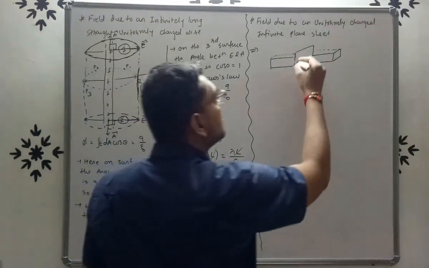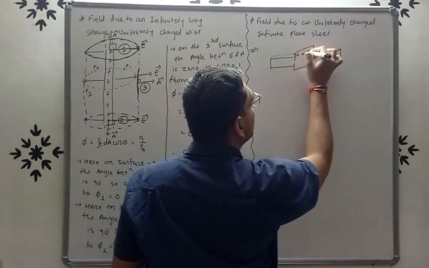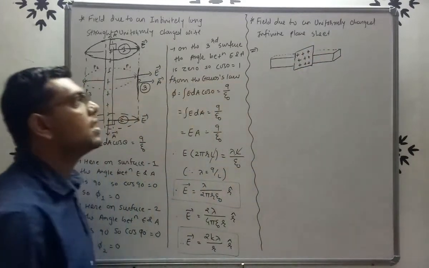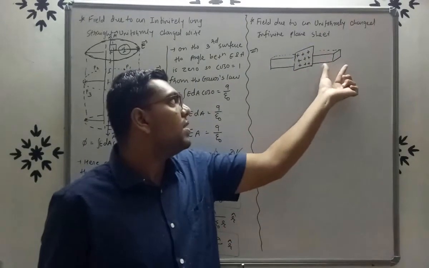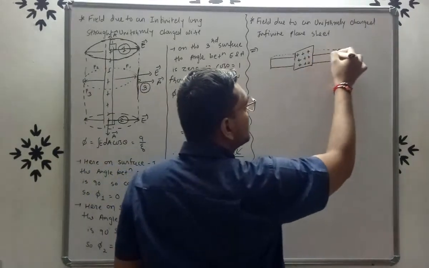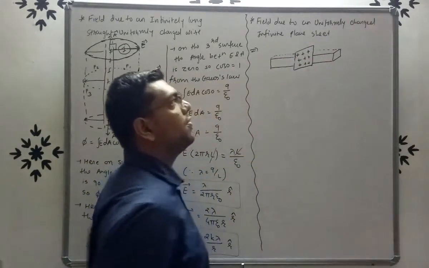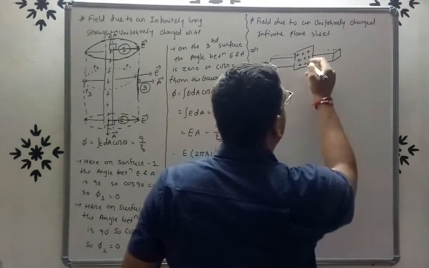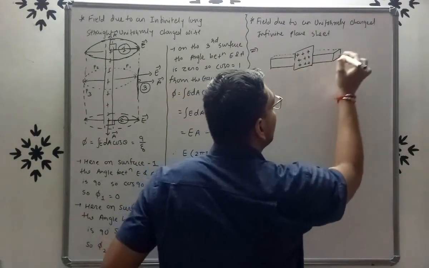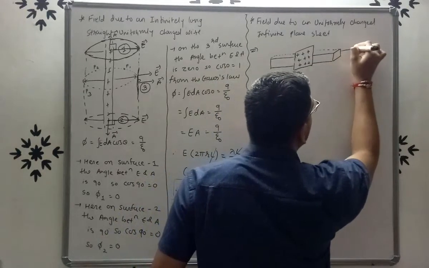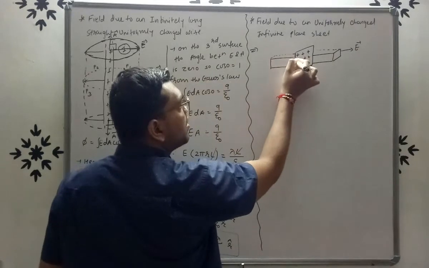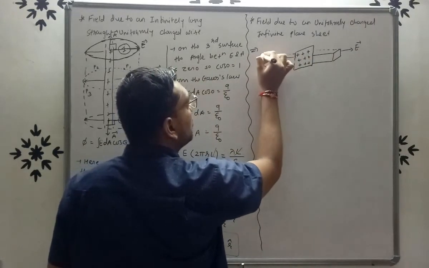So here this is the plane sheet having positive charge on it, like this, right? Here we consider a rectangular surface like this. We know for positive charge the direction of electric field is outward. So like this, this is the electric field. Here the electric field is in outward direction.